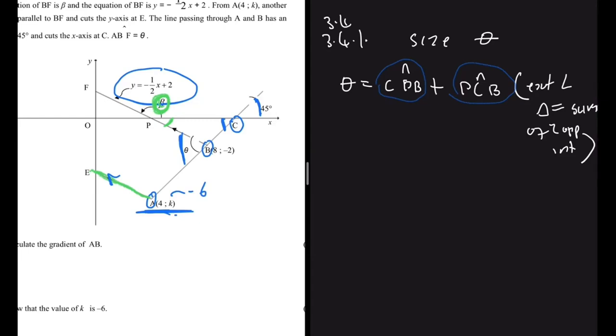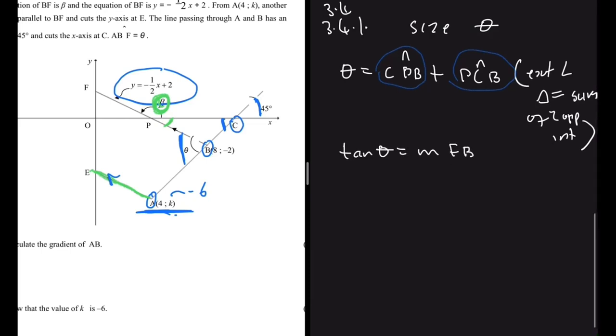Again, we can use the inclination of line FB, right? So again, we're saying that tan of theta is equals to the gradient of a line. We are interested in FB now, so we're gonna have tan of that angle being equals to minus a half, because that is the gradient of that line.